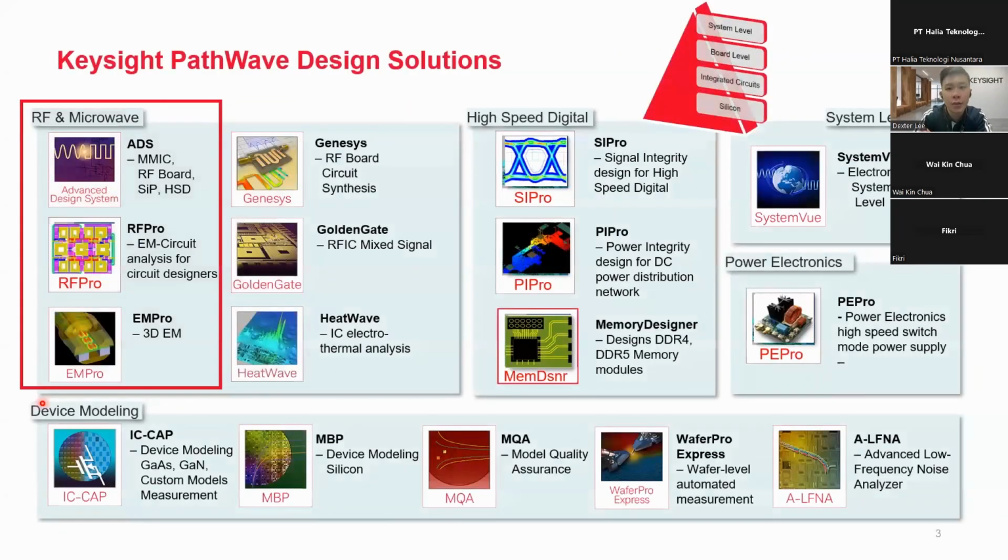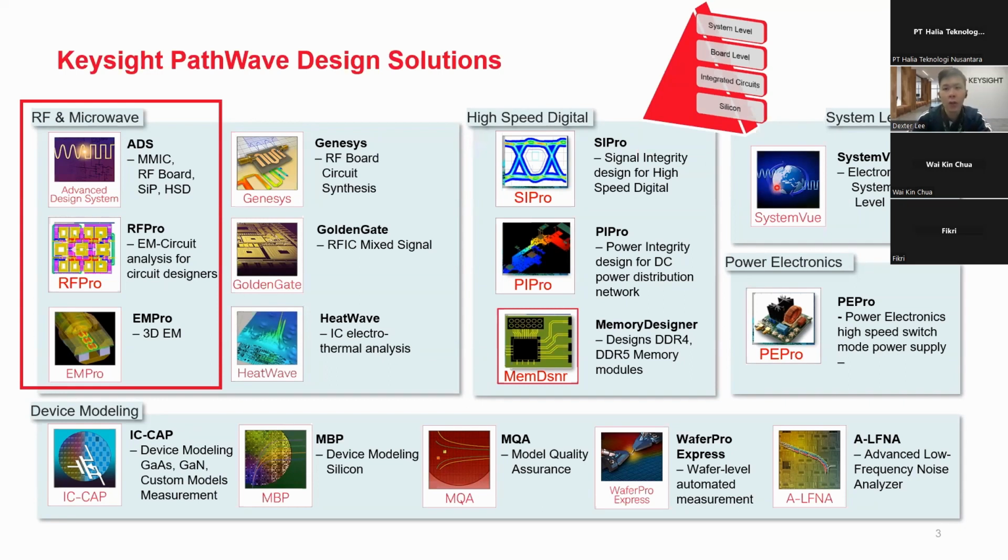Diving into the design software solutions that we provide, we cover a few segments, such as RF microwave, which is the main topic for today. We have solutions for high-speed digital as well, in case you're designing high-speed digital boards, looking into DDR5 or PCIe applications.